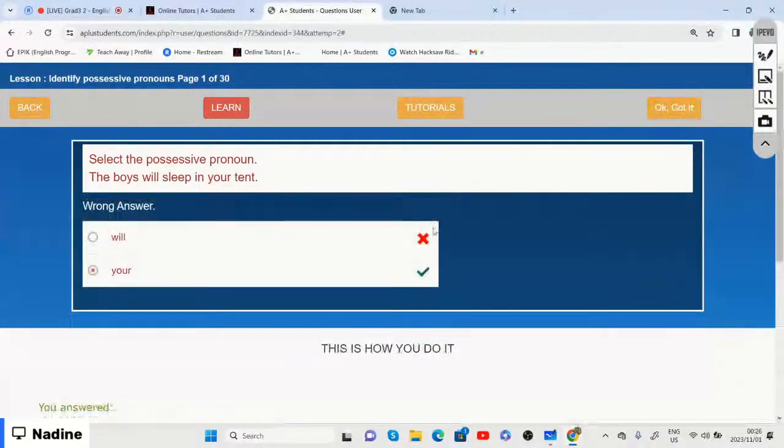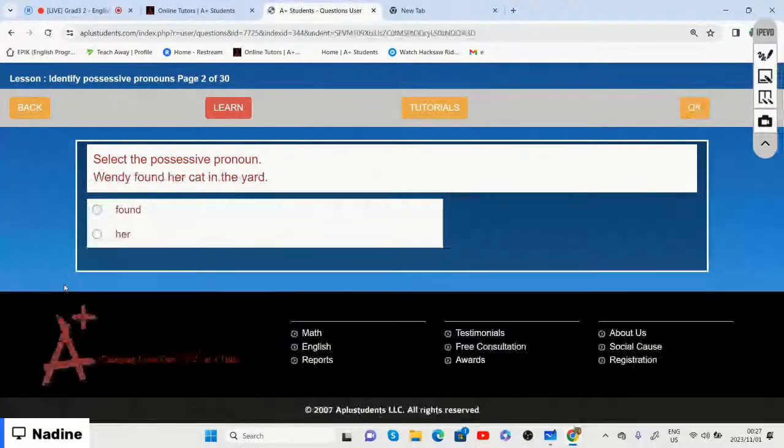Oh, your. Sorry, your. So your is the possessive pronoun. I forgot about the possessive pronoun. So remember the possessive pronouns are your, our, their, and so on. I apologize for that one.